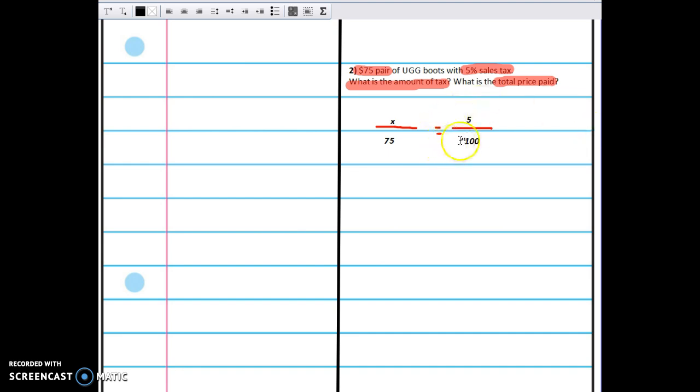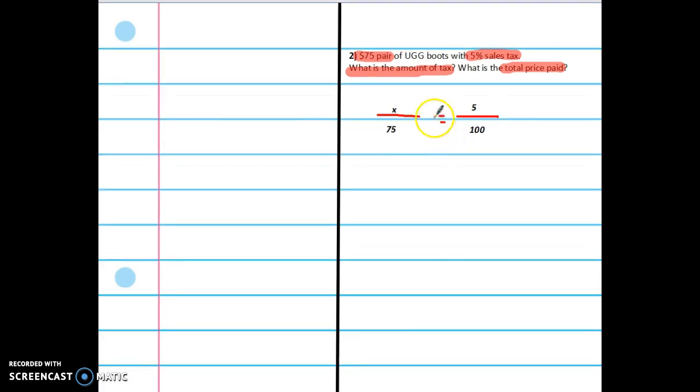I've seen students in the past a lot of times think that 100 always is going to go with x. Understand that's not necessarily true. It just depends on what piece that you're solving for. It's like if you were solving for the amount of the subtotal, for instance, your x would be down here. But this example does work out.